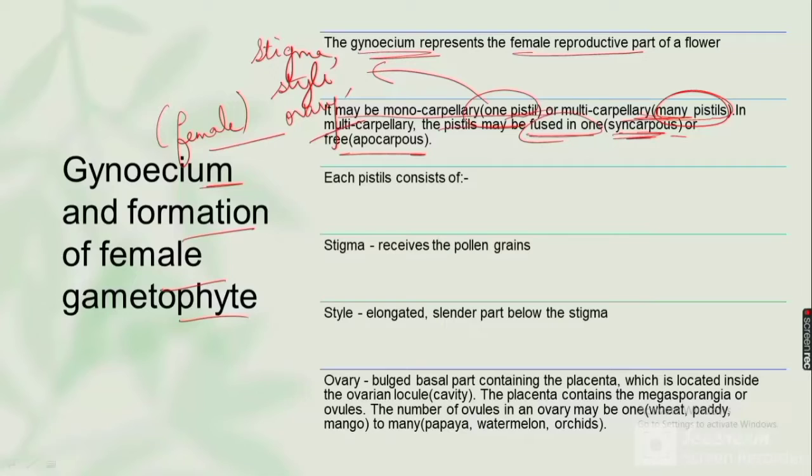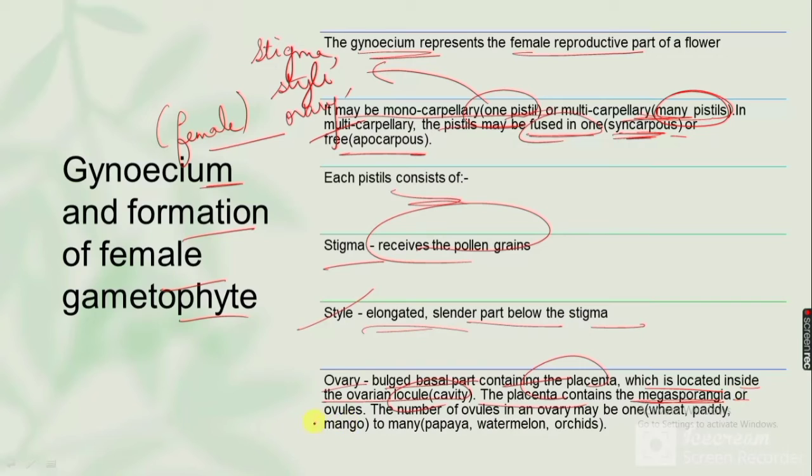Each pistil consists of the stigma that receives the pollen grains, the style, which is the elongated cylinder part below the stigma, and the ovary, which is the bulged basal part containing the placenta, or we can say ovules, located inside the ovarian locule, that is the cavity. The placenta consists of megasporangia or ovules.